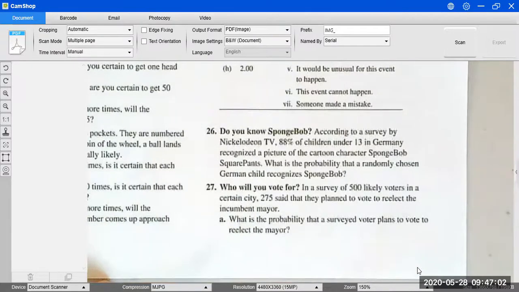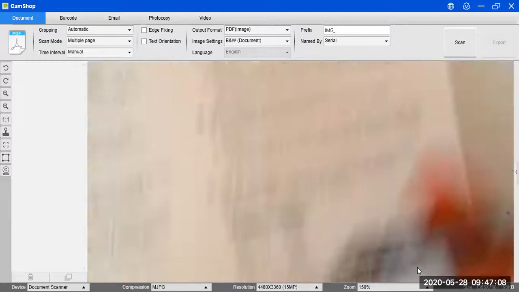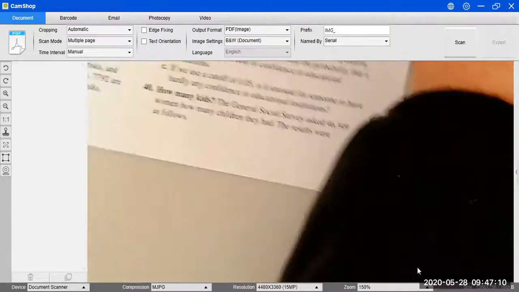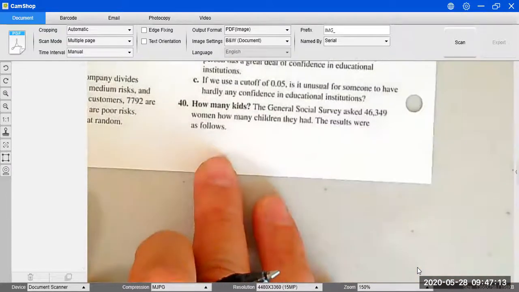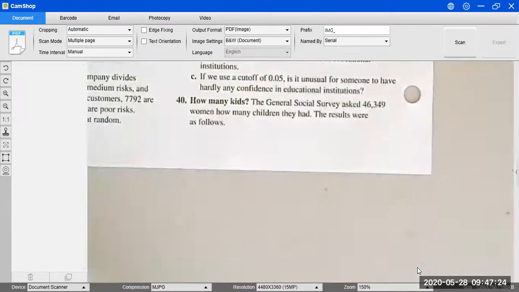Then we need problems 40 and 41. So let's see, problem 40 starts here. How many kids? So the General Social Survey asks for 46,349 women how many children they have. And the results are here in this table.